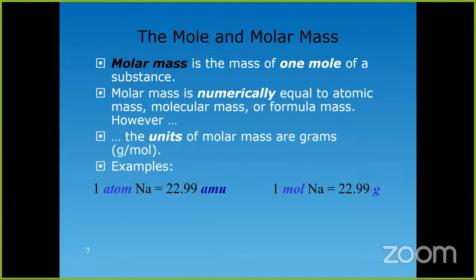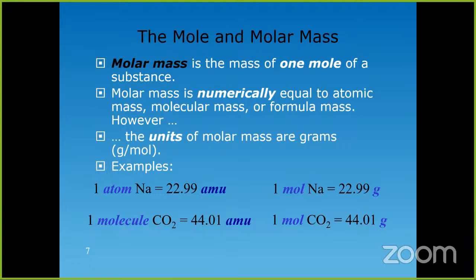So here's an example. In the case of sodium, the atomic mass of sodium is 22.99 AMU. The molar mass of sodium is 22.99 grams per mole, all right? So please note that the numerical value will be the same when you compare the atomic mass to the molar mass, but the units will be different. Here's another example. The molecular mass of carbon dioxide is 44.01 AMU, but the molar mass of carbon dioxide is 44.01 grams per mole, all right? So that's basically the relationship.